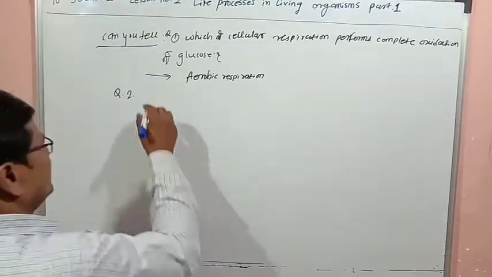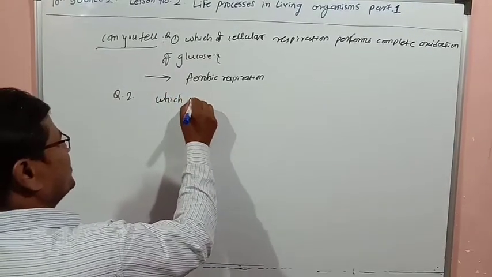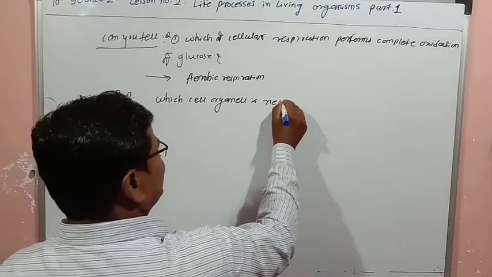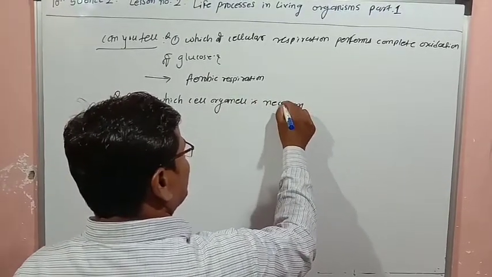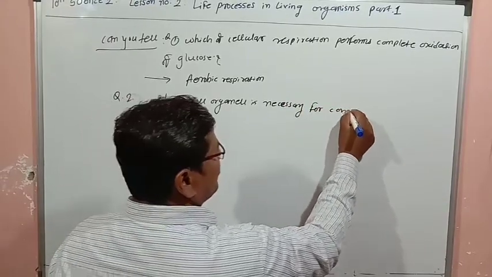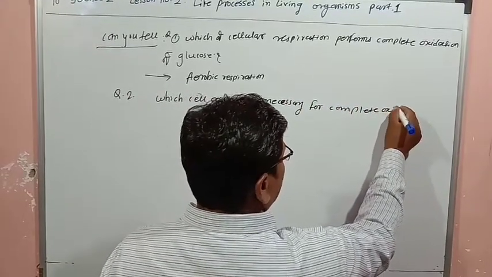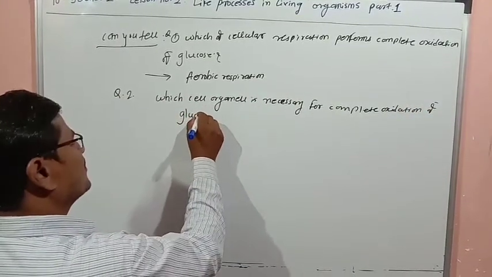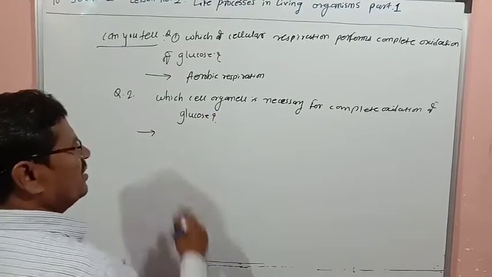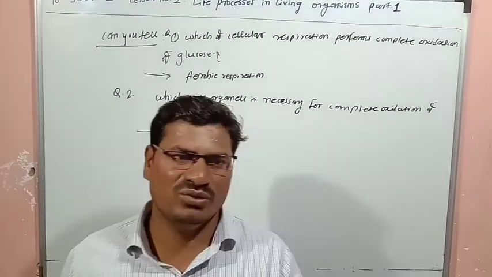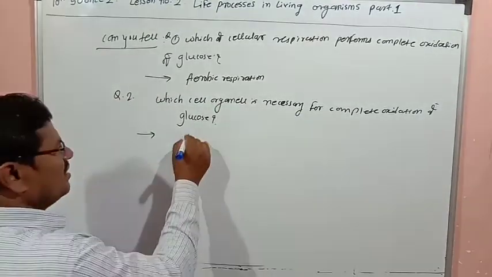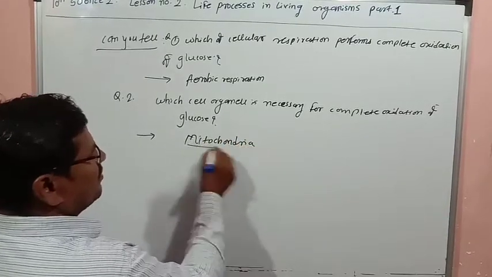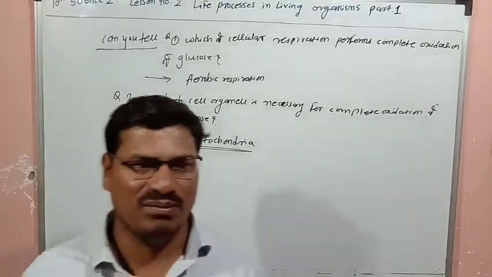We know that complete oxidation of glucose takes place in the mitochondria, the powerhouse of the cell. So in the mitochondria, complete oxidation of glucose takes place.